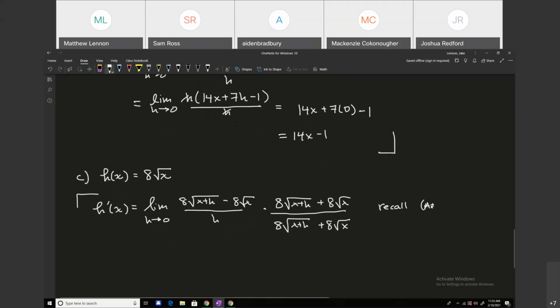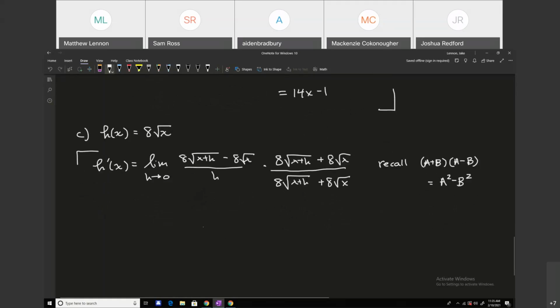If you have a plus b times a minus b, this simplifies to a squared minus b squared. So the top will actually just be the limit as h approaches 0 of 8 square root x plus h squared minus 8 square root x squared.